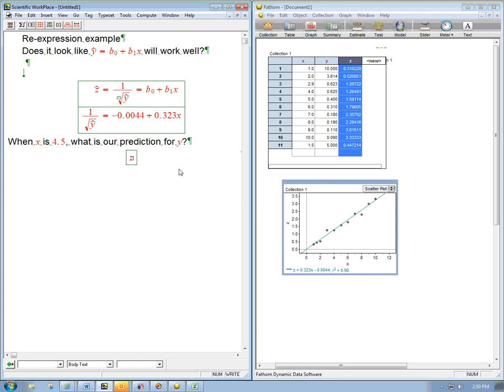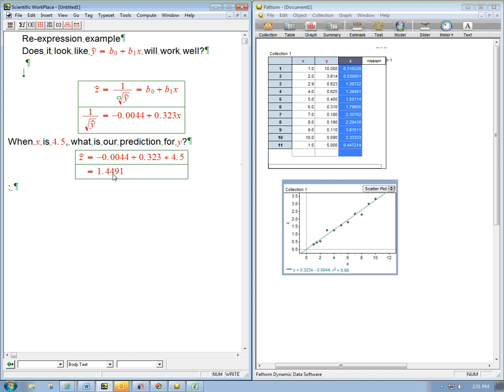Our z hat is going to be, we're just going to plug in 4.5 for x. Let's evaluate that. That's 1.4491.